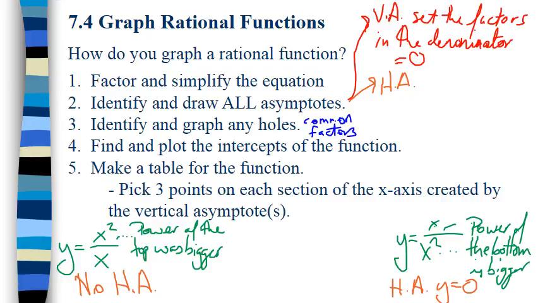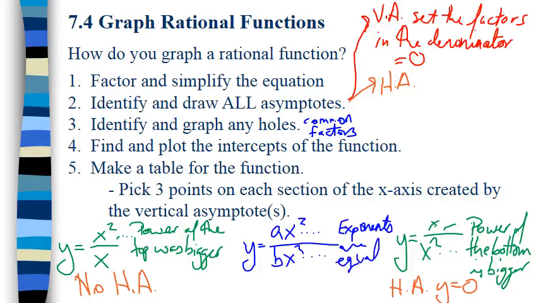The other option is if the powers are equal. So we have y equals some a x to the whatever over some b x to the whatever, so the exponents or the powers are equal.